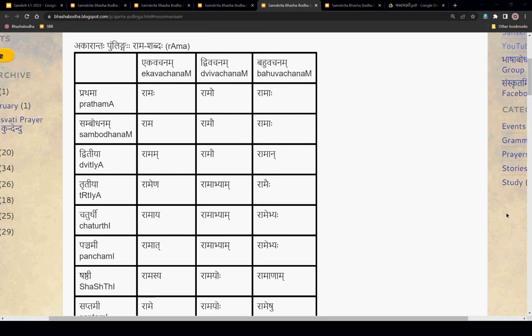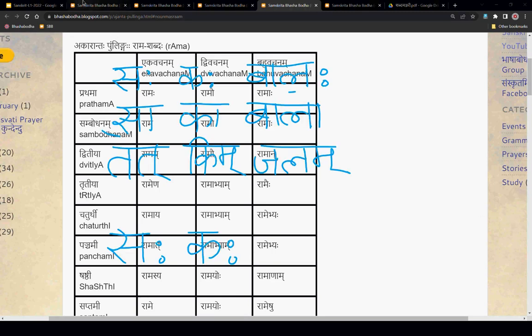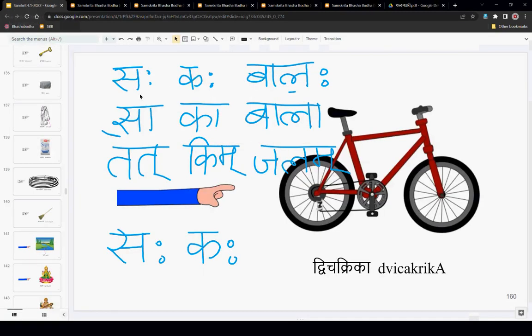So considering that, saha, kaha, ka, kim are being used as adjectives to saha, sa and tat respectively, and they are in the same vibhakti.